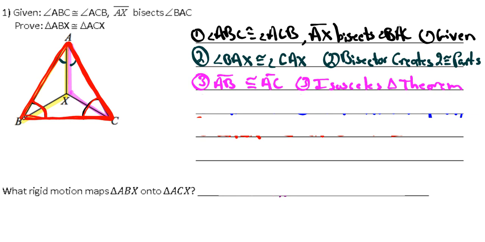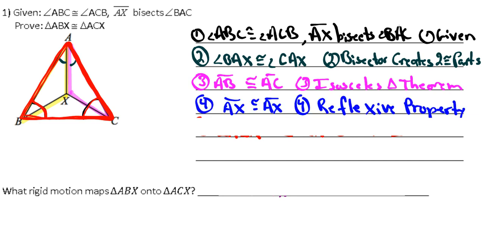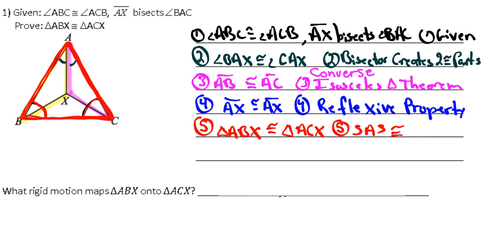According to the theorems that we just talked about, on the previous page, or actually right above this proof on your paper, if a triangle has two equal angles, then the sides opposite those angles are also equal. That was the converse isosceles triangle theorem. So we will get AB congruent to AC by the converse isosceles triangle theorem.